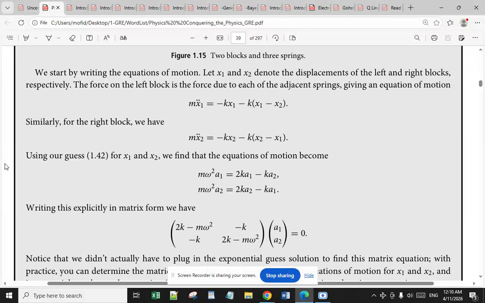Using our guess 1.42 for x1, x2, we find the equations of motion become m omega squared r1 is equal to 2k r1 minus k r2, and the next one is m omega squared r2 is equal to 2k r2 minus k r1.